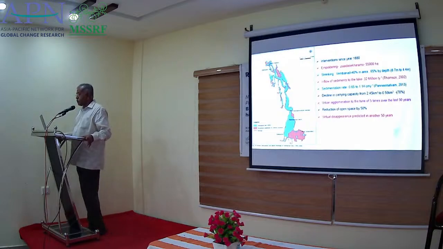But the sort of damage that we are doing currently, we are going to have a virtual disappearing. To prevent that, we need to protect these rivers and manage the river health in a proper way.